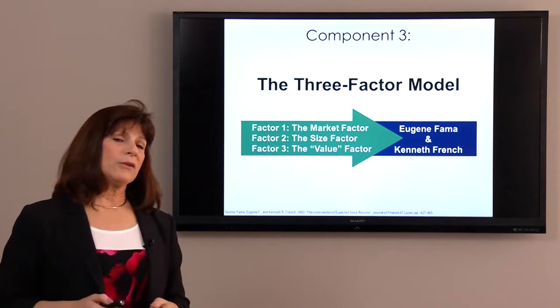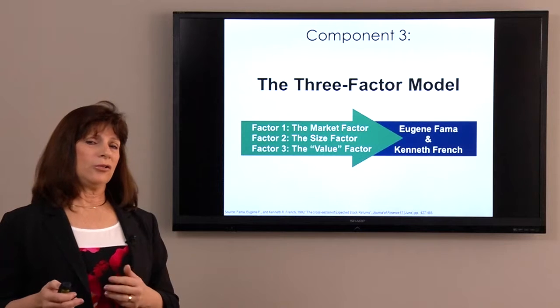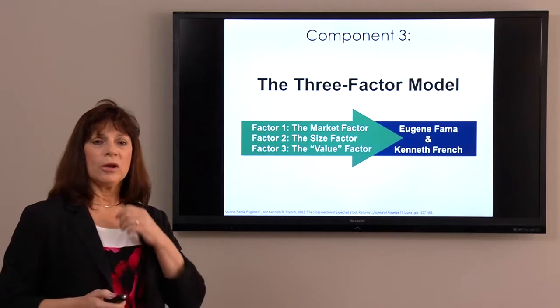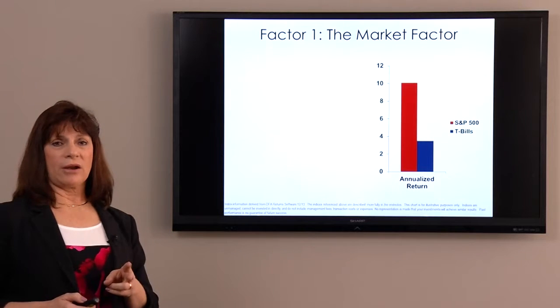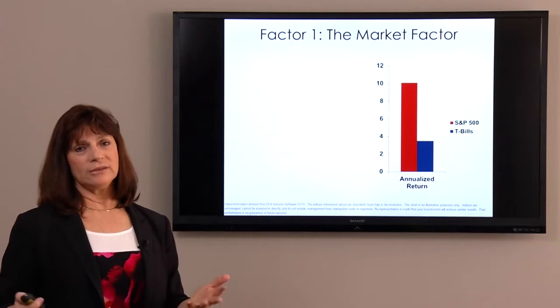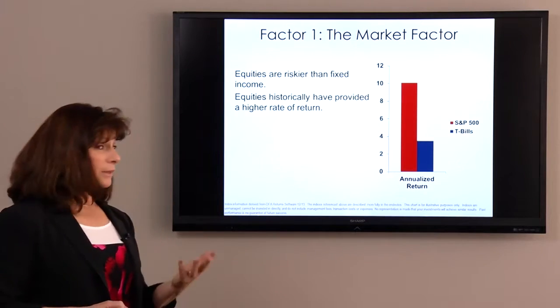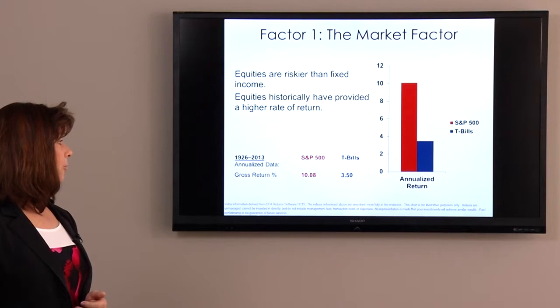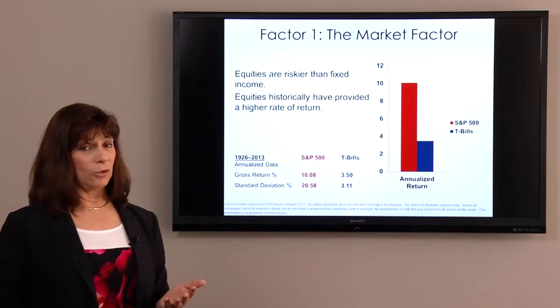Now, component 3 is the 3-factor model, and this was Eugene Fama's research that proved this. So you have a market factor. Well, we all know equities are more risky than bonds. And so therefore, they should provide more of a return, which they do.